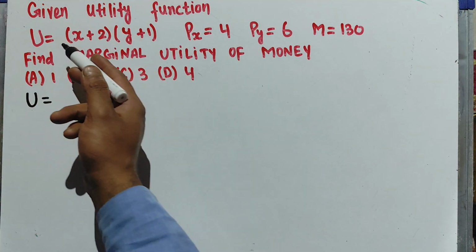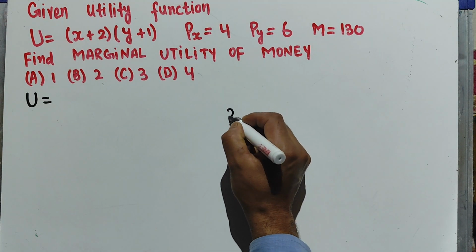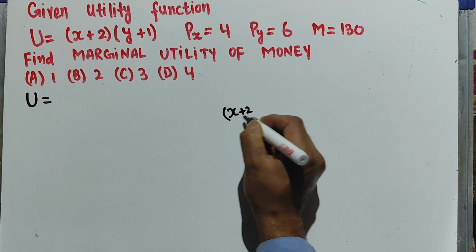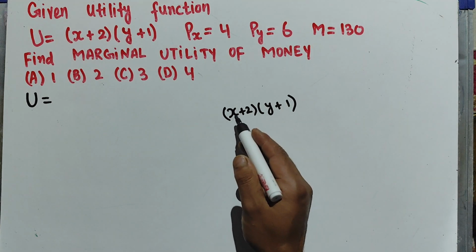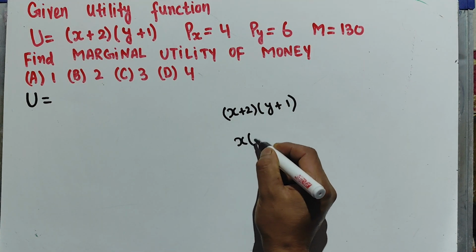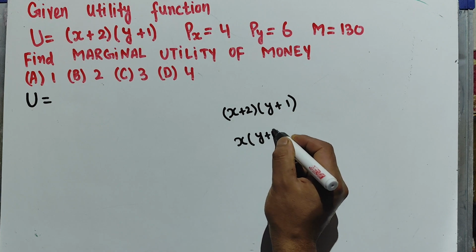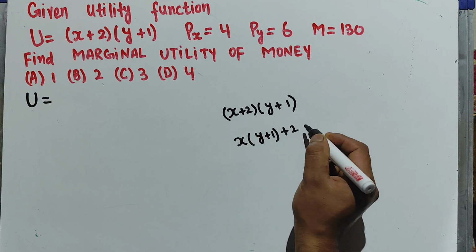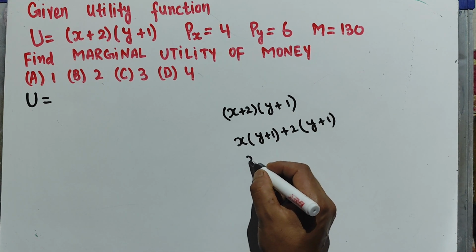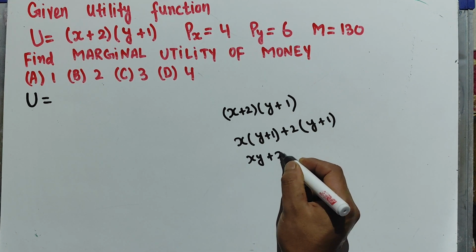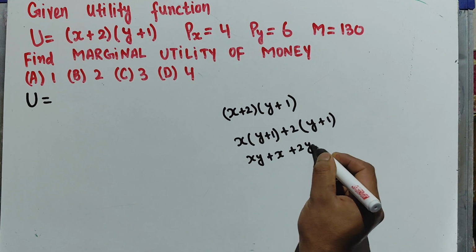Let me first simplify this. So we have (x plus 2) times (y plus 1). Let us first write x and multiply it by y plus 1. Then we write 2 and multiply it with y plus 1. So it becomes xy plus x, then we get 2y plus 2.